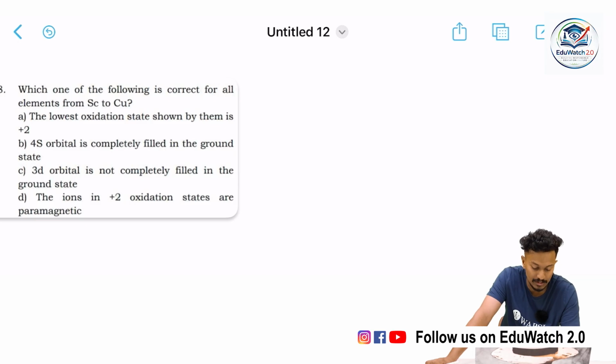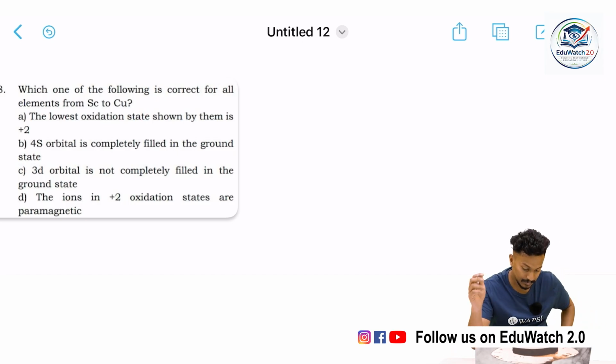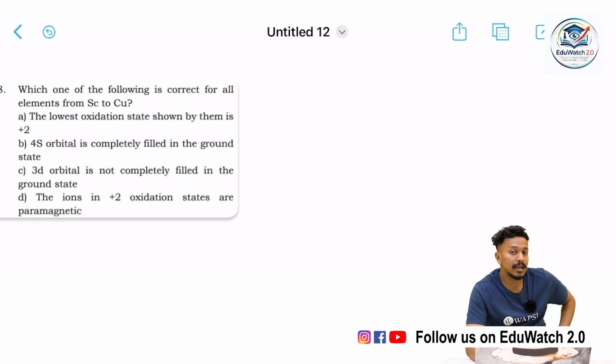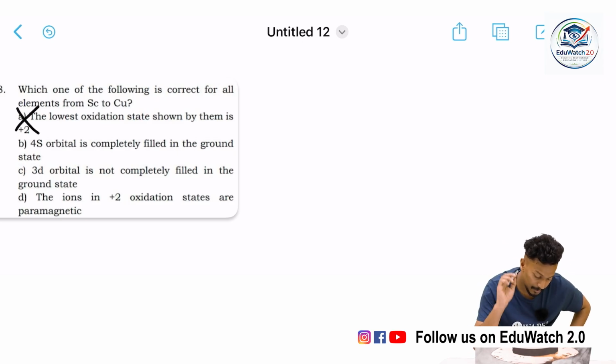The lowest oxidation state shown by them is +2. Is this correct? There is also a +1 oxidation state. Scandium, vanadium, and titanium do have a +1 oxidation state, so A is wrong.